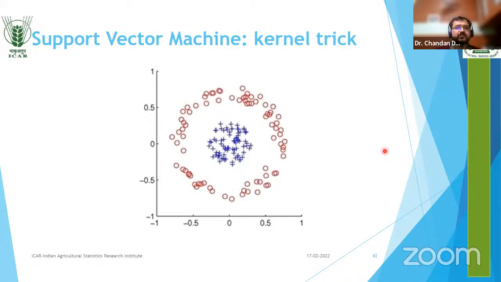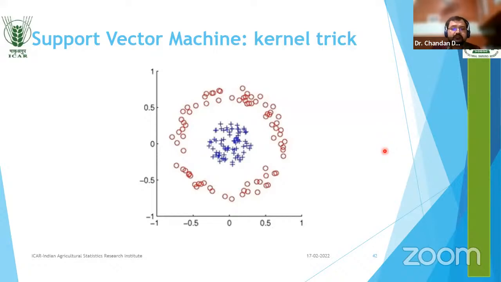Another very important concept of support vector machine is the kernel trick. What is that? We cannot explain it mathematically in this class, but we can visualize it. Suppose this is our data. There are two classes: one is the blue cross, and the other is the red hollow class.